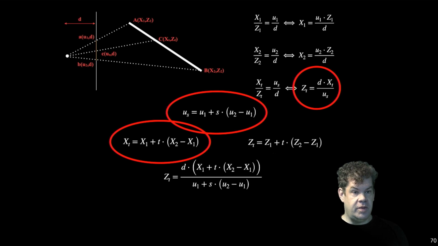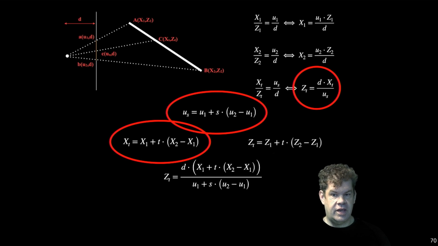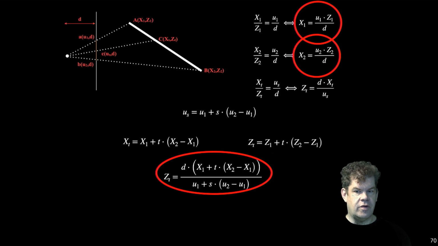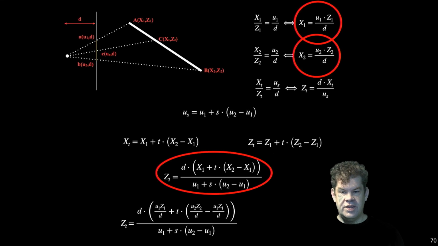So I try to eliminate the uppercase things as well as I can. This is why I now plug in for x1 and x2 their formulas at the top to get this thing here.